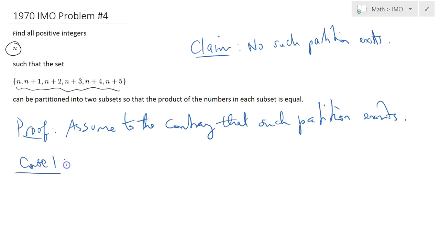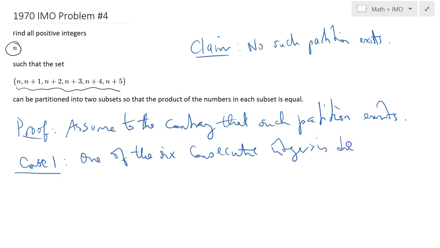Case 1, exactly one of the 6 consecutive integers is divisible by 7, but then that's impossible, right?